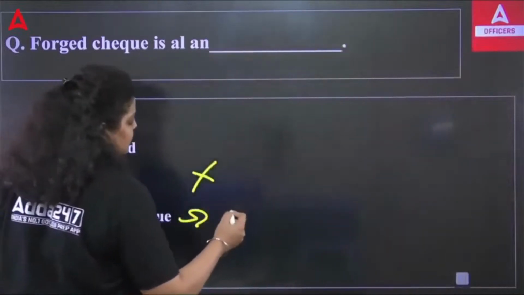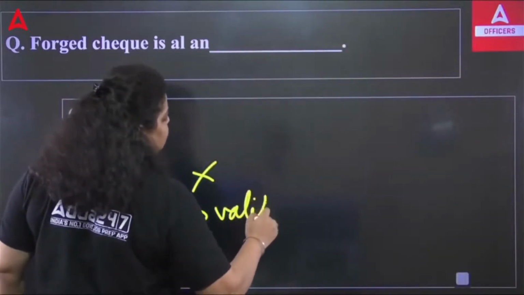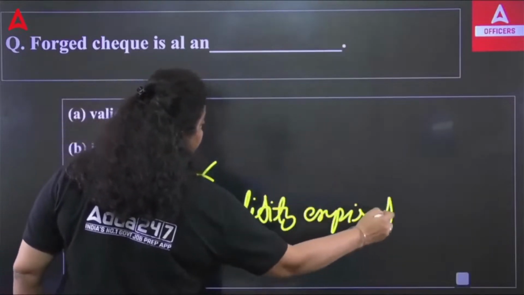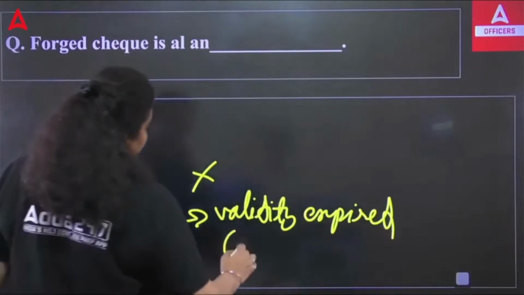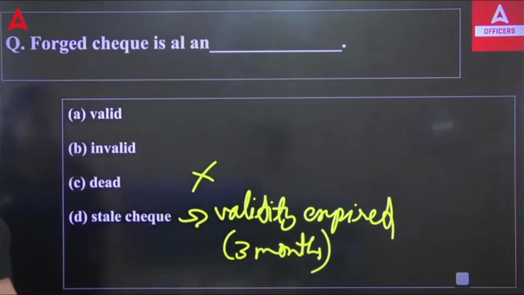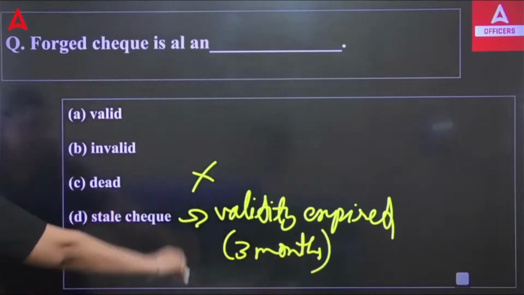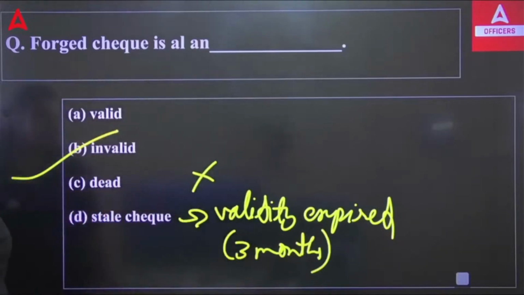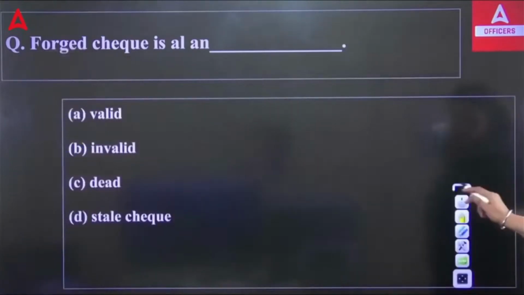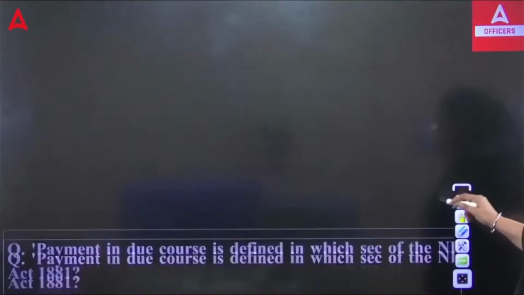A stale check means when the validity of a check is expired. When the validity of a check is expired, that check is known as a stale check. And the validity of a check is 3 months. If this validity expires, then the check will be a stale check. So, it can't be valid, it is invalid. So, forged check is always an invalid check. Right answer will be B.